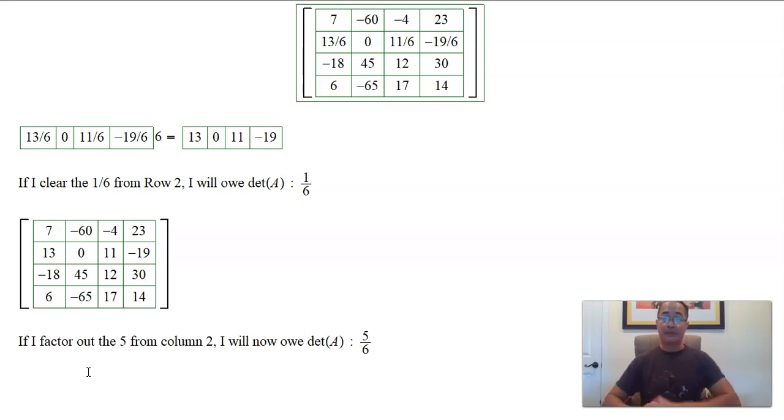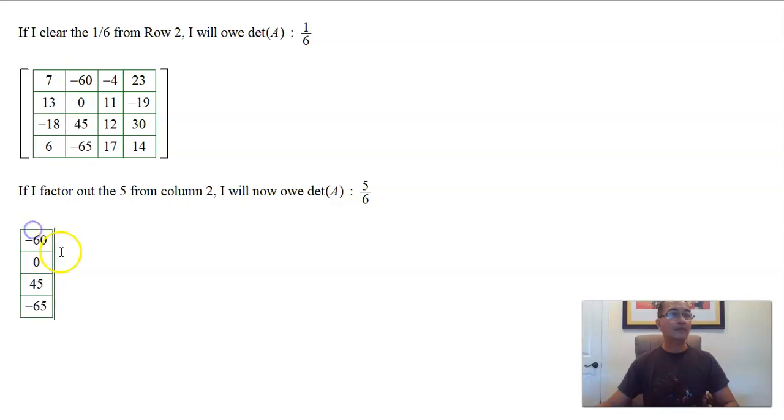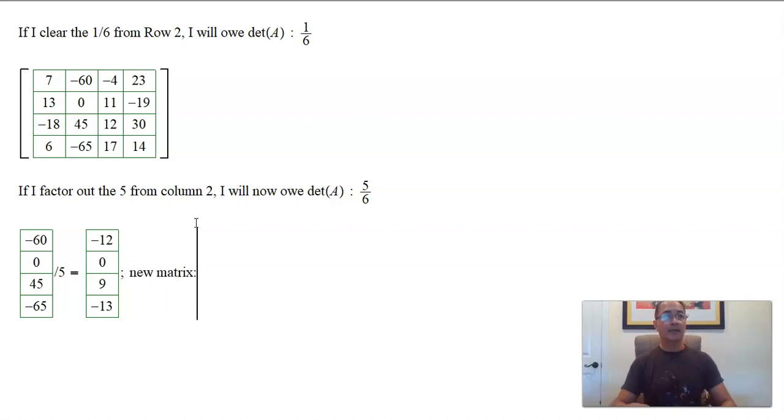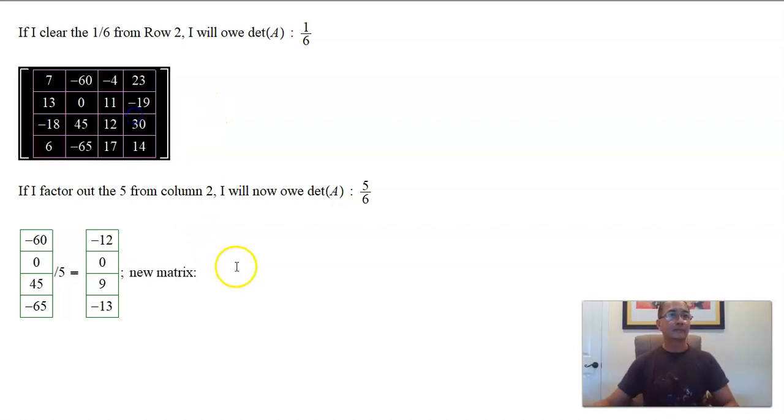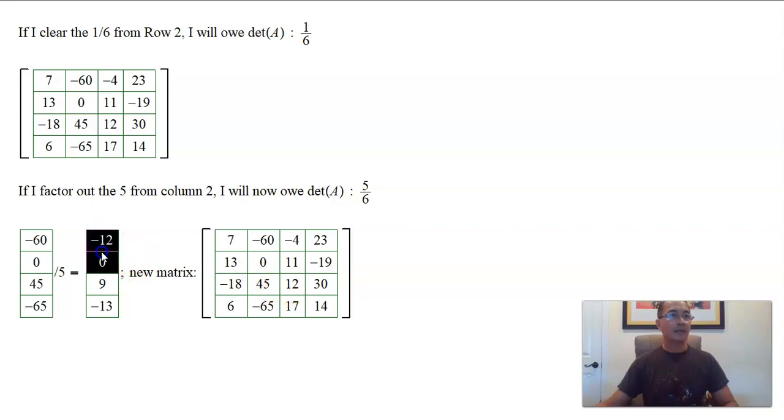So I need to put a 5 over there. Okay, so let's do it. Column 2. Divide everybody by 5. And we get that. Okay, so we get a new matrix. I will replace column 2 with this. Okay, excellent. So now what?